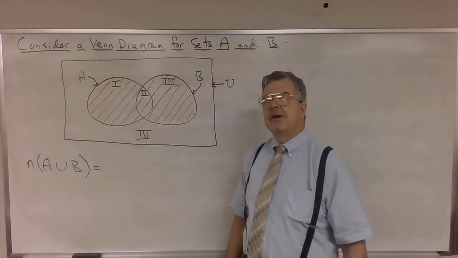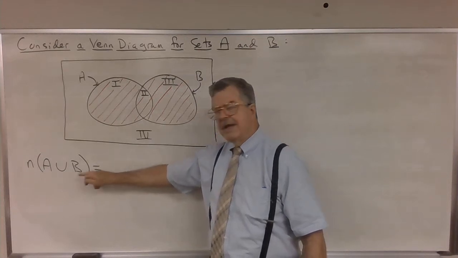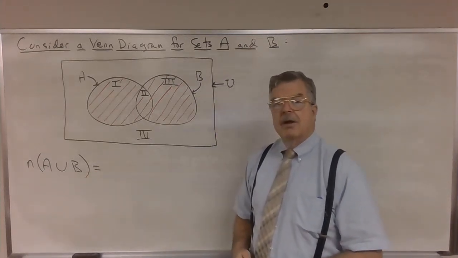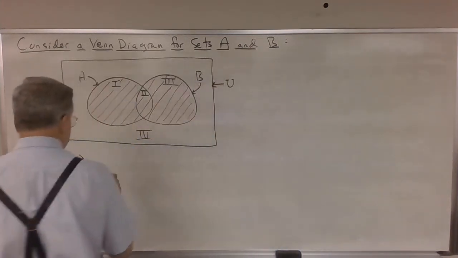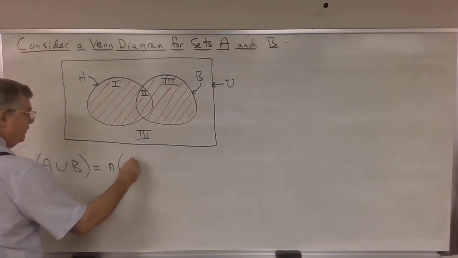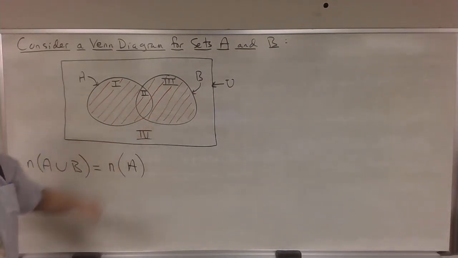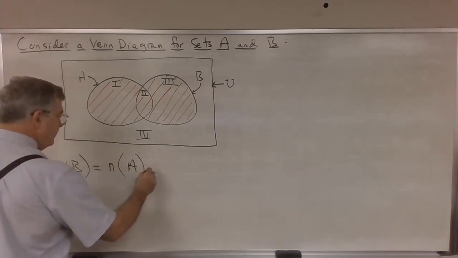So if we want the number of elements in the union of A and B, then certainly we're going to count all of the elements in set A, and we need all of the elements in set B as well.